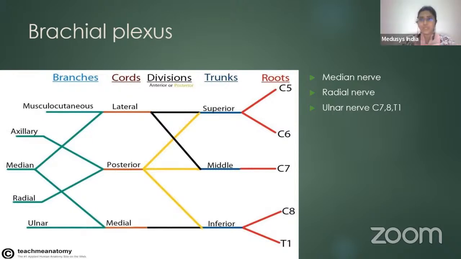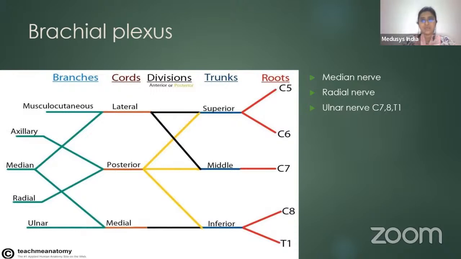If it's okay for you, can I ask someone else? Yes, the branches from the cords. Can anyone elaborate about the branches from the cords? This is like a quick revision of whatever we have read, so that whenever you go and read about it in the book, you find it easier.